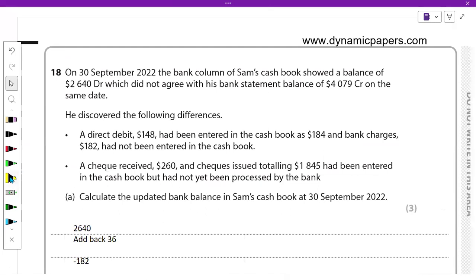Now let's read the question. On 30th September 2022, the bank column of Sam's cash book showed a balance of 2640. This is a debit balance, which did not agree with his bank statement balance of 4079 credit on the same date.